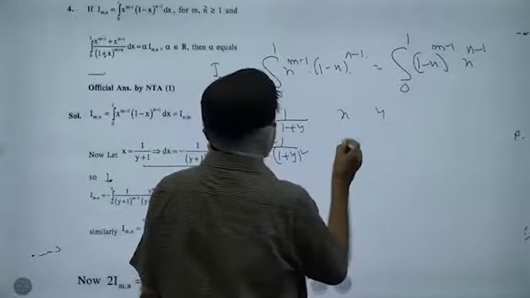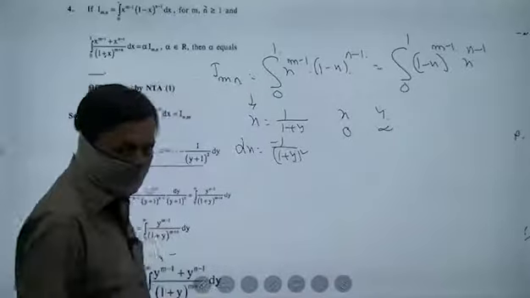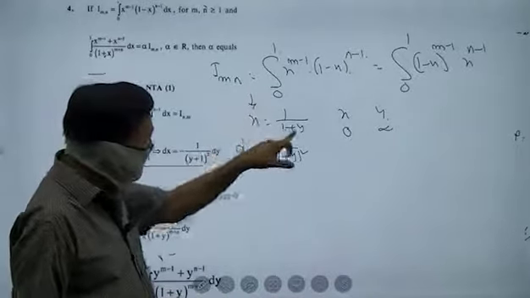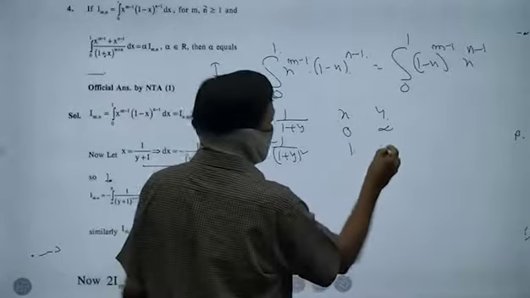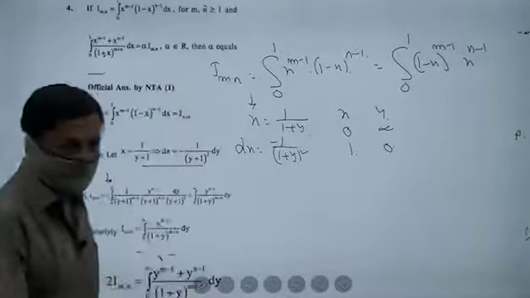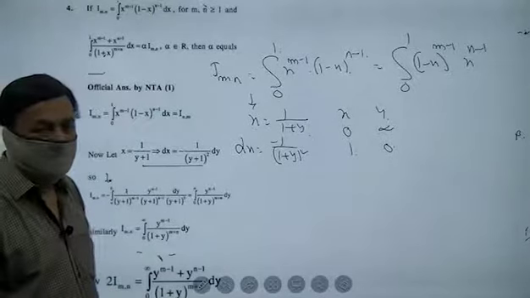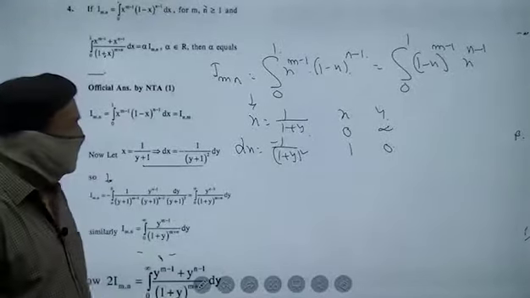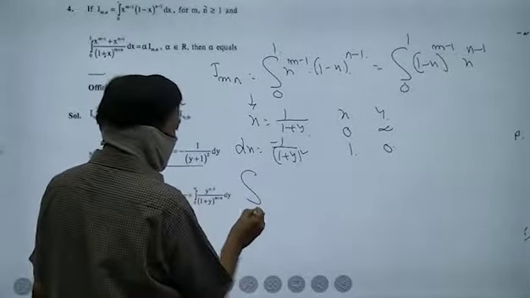Limits: x is 0, then y should be infinity. X is 1, y is 0. So, the integral from infinity to 0.